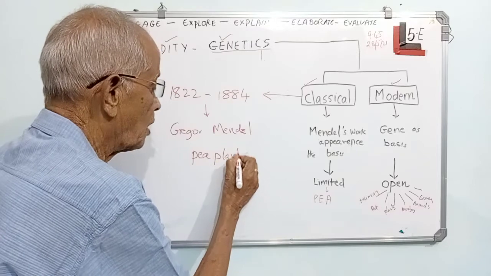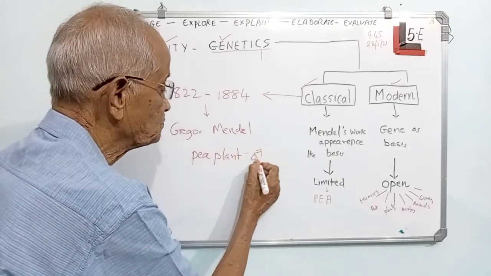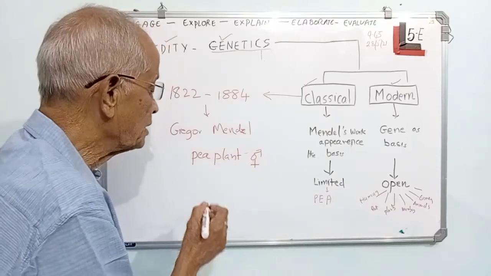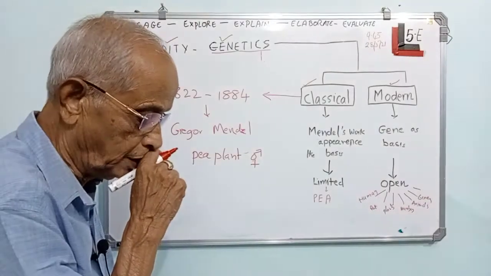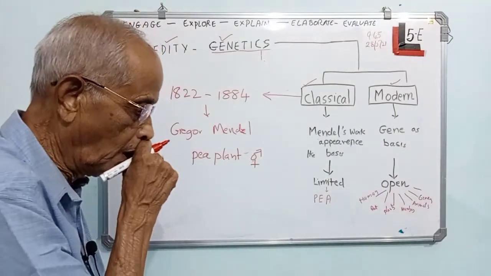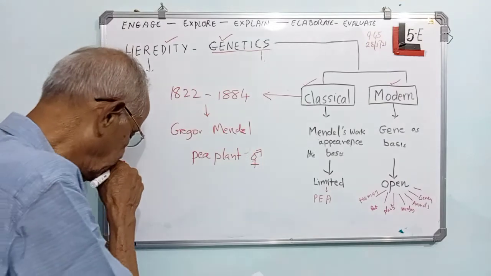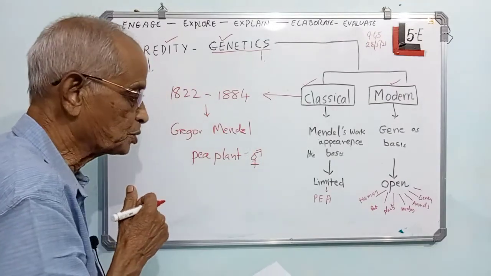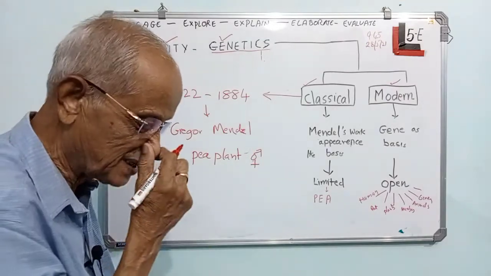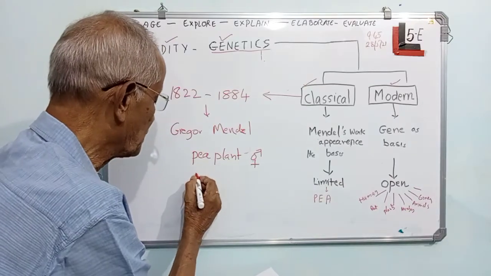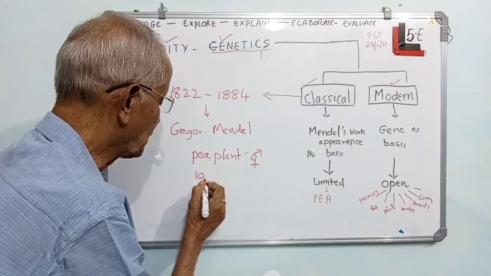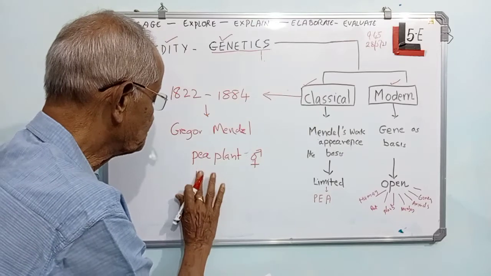Pea plants are bisexual. They have the capacity to self-pollinate and also cross-pollinate, and their lifespan is very short, about 1 year.